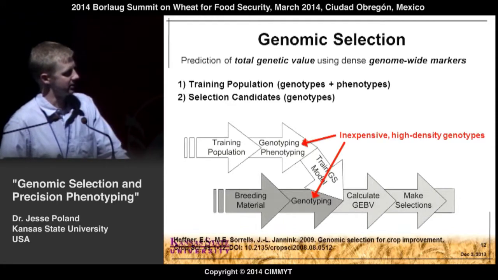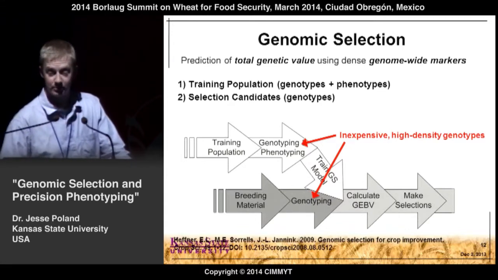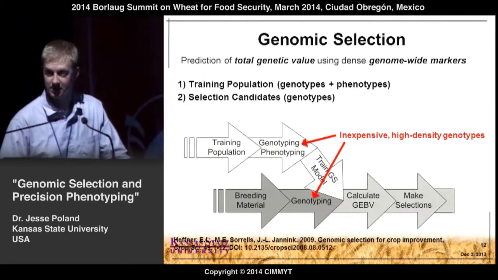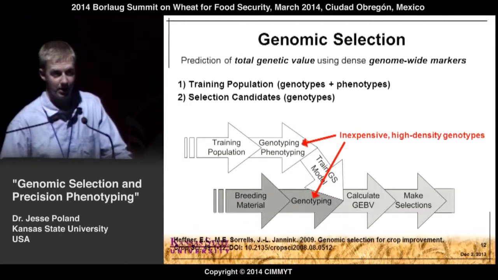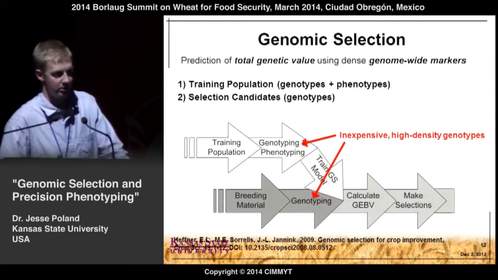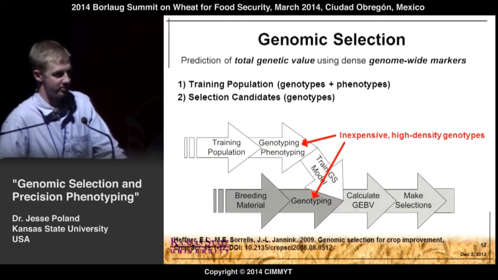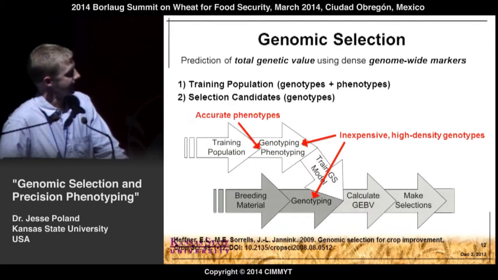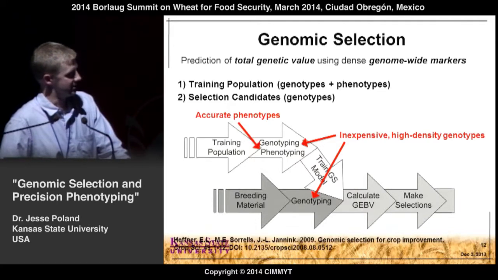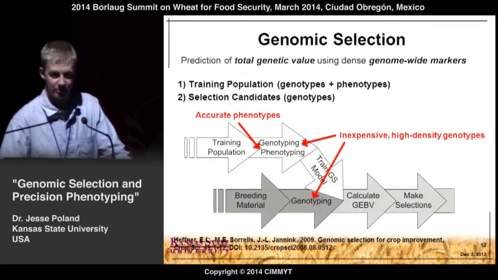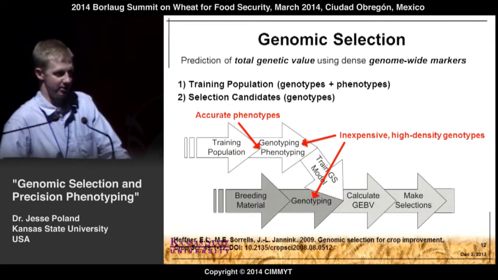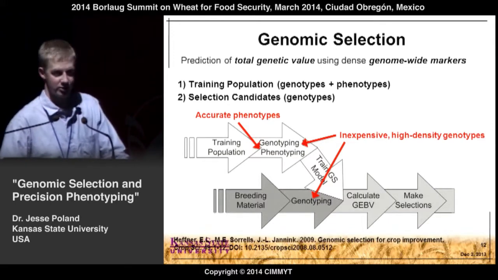The keys and important components of this are, first, to have inexpensive high density genotypes. I say inexpensive as a primary driver because this is in the context of a breeding program, so the large majority of the material is going to be discarded, and we don't want to spend money and then throw the lines away. Another key is obviously accurate phenotyping, because the upper bound of our prediction models is the realized heritability on the trait that you're trying to predict.